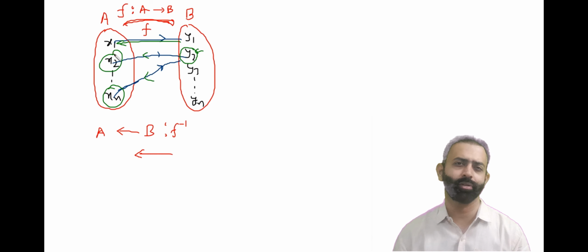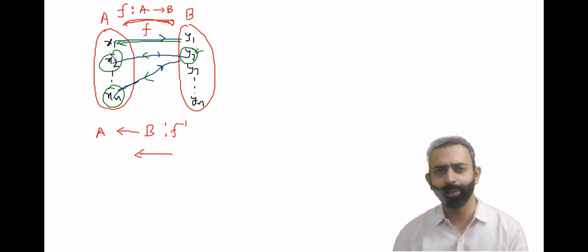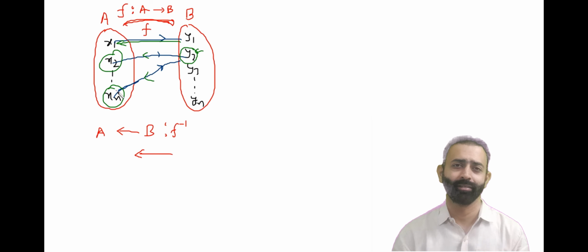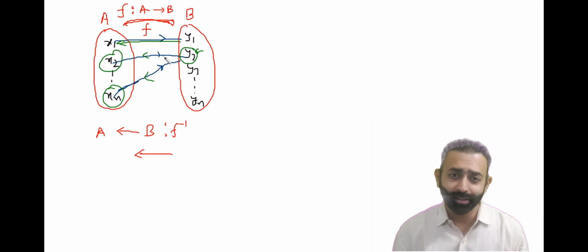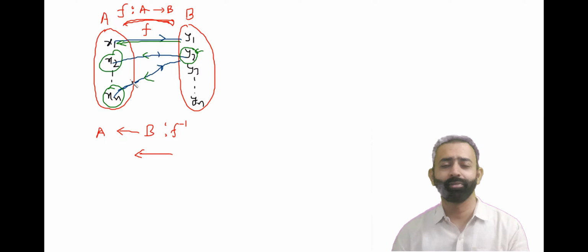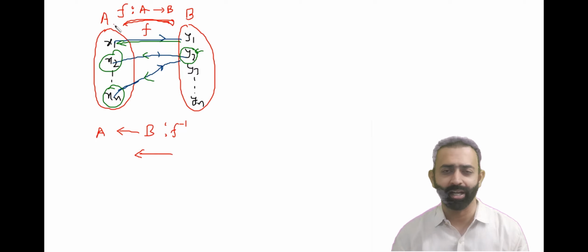And what is the definition of a function? That for a particular input, there cannot be more than one output. But in this mapping, we can see that for the input y2, there are two outputs, x2 and xn. So this is against the definition of a function. So in this mapping, we cannot call f inverse a function, meaning f inverse does not exist for the function f.